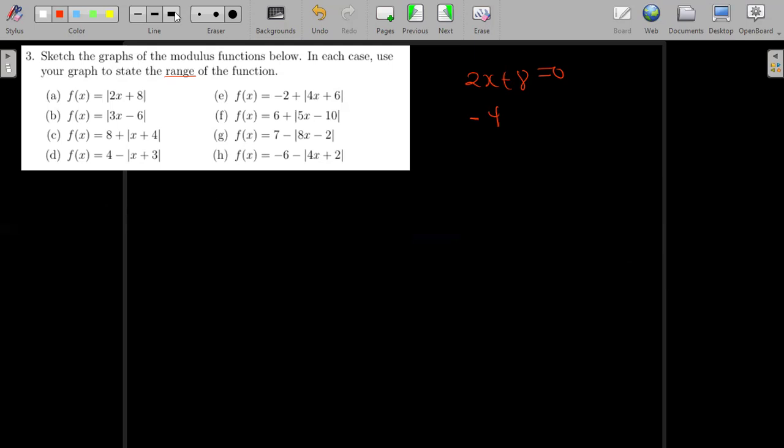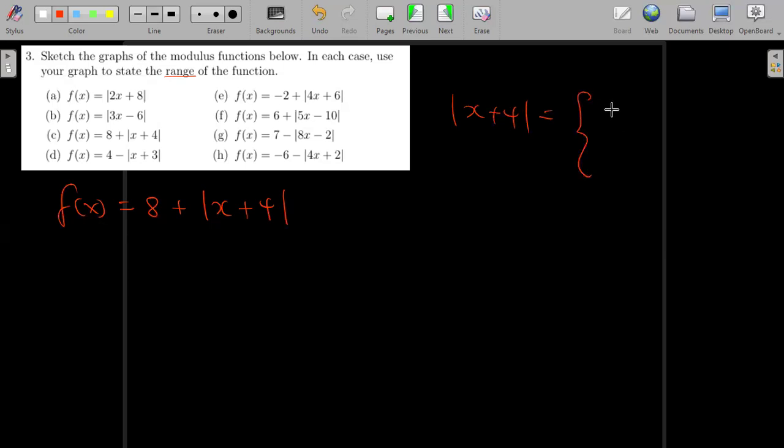So another one that we can look at is C. This part B is just the same as we sketched, but C has a different case, because you see that f of x is equal to 8 plus, I have x plus 4, then there's a modulus, it closes there. So how is this one going to be? Of course, you can redefine this the same way we did, where you're saying the modulus of x plus 4 is going to be x plus 4.